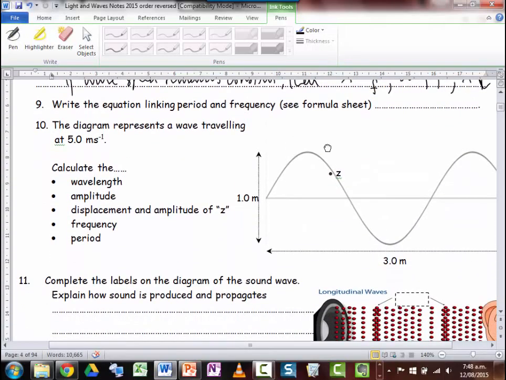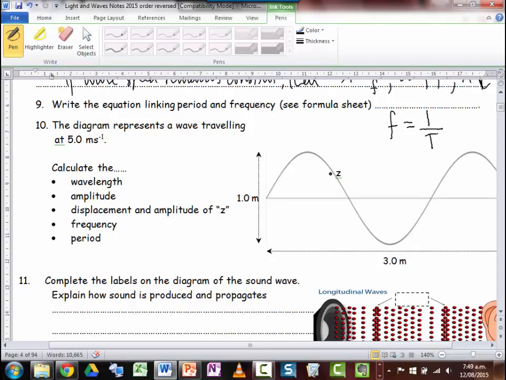Write the equation linking period and frequency. So frequency is equal to 1 divided by time period. And we can understand this if we just say what each of those things mean. The frequency is the number of waves that pass a point per second. The time period is how many seconds it takes for one wave to pass.